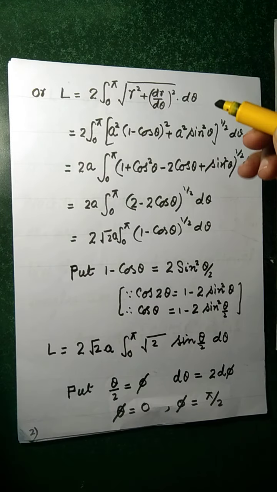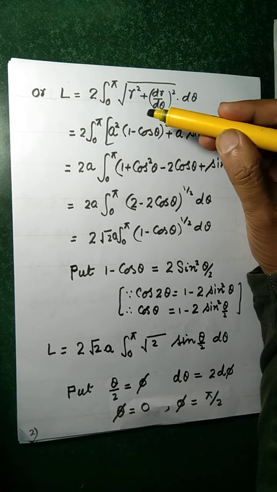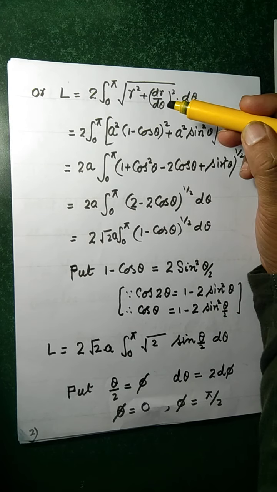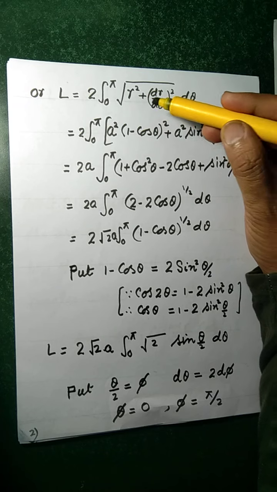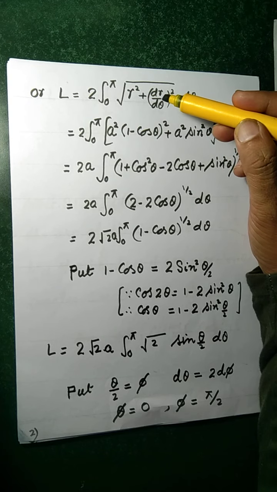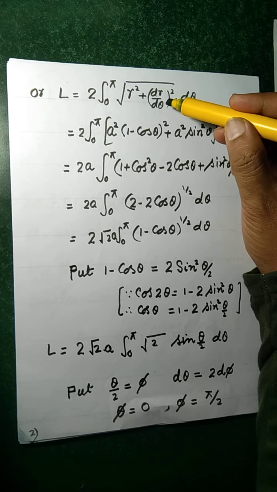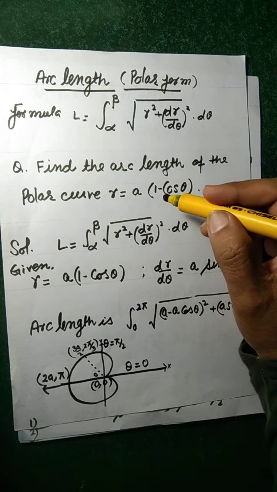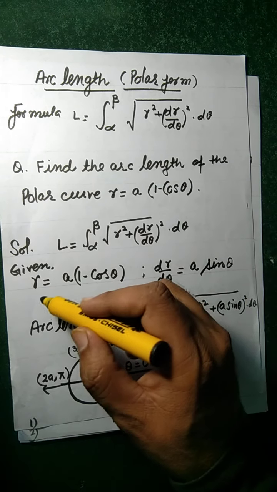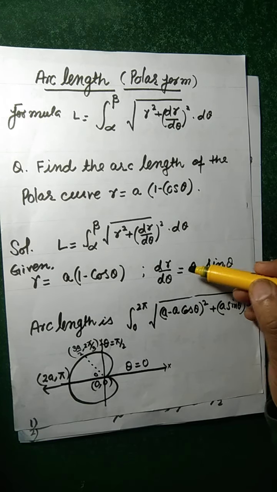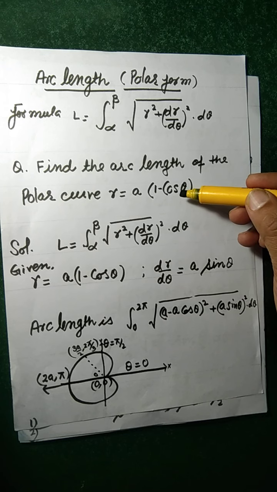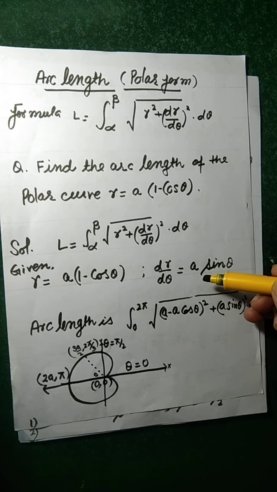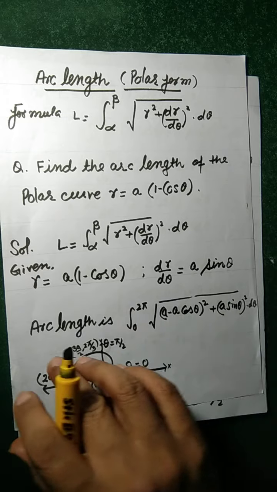Now we take the arc length L equals twice the integral from 0 to pi of the square root of r squared plus (dr/d theta) whole squared, d theta. Because it is given r equals a(1 minus cos theta), differentiating with respect to theta, we obtain a sin theta.